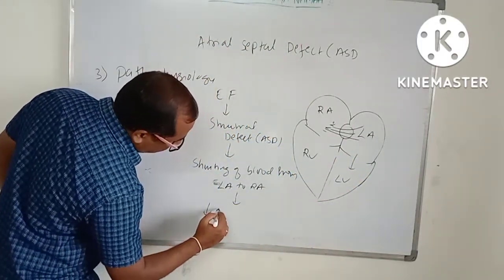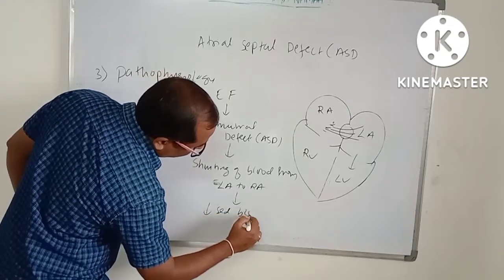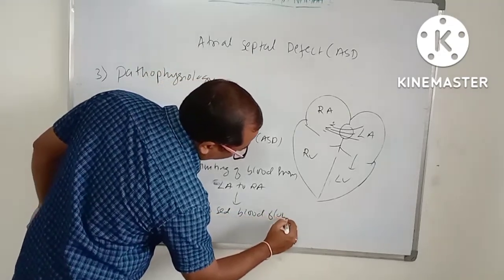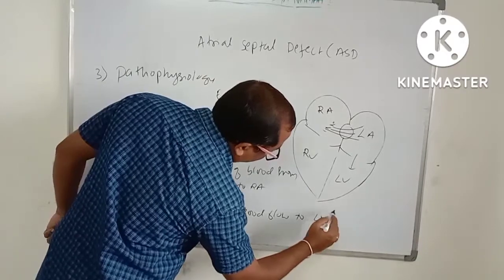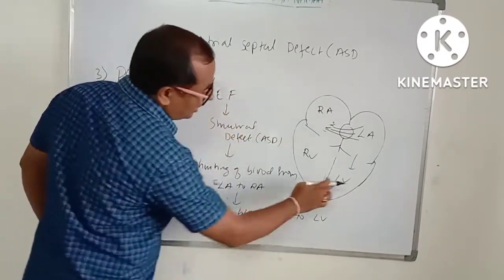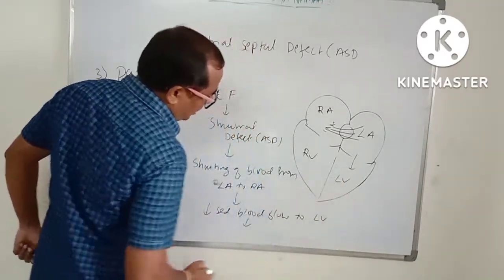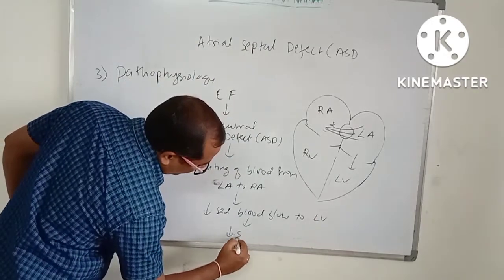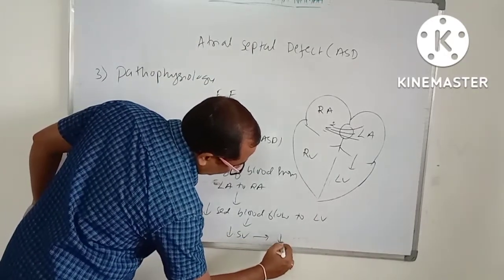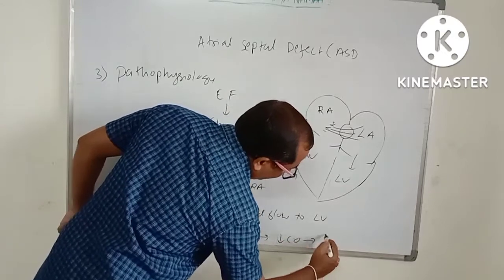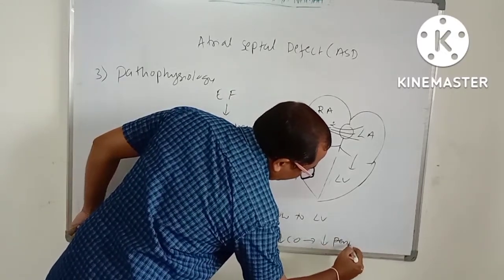Okay, decreased blood flow to the left ventricle. Okay, and because of decreased blood volume in the left ventricle, there will be decreased stroke volume, decreased cardiac output, and decreased peripheral tissue perfusion.